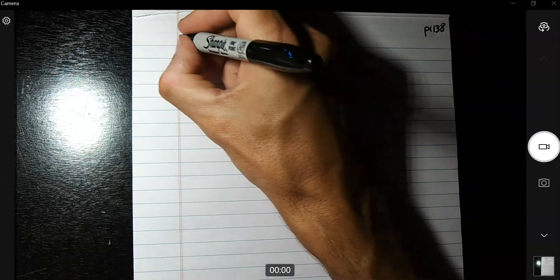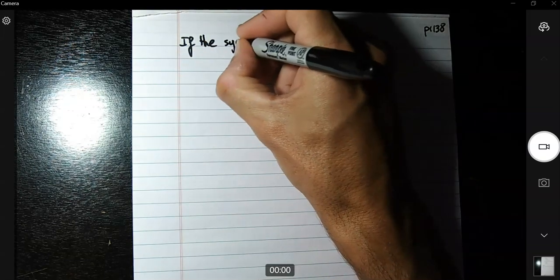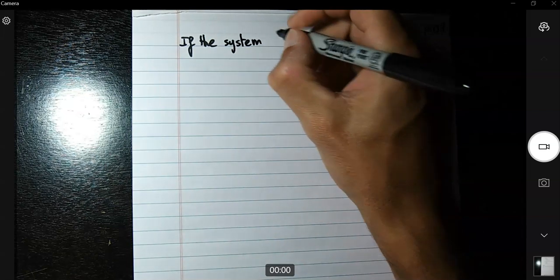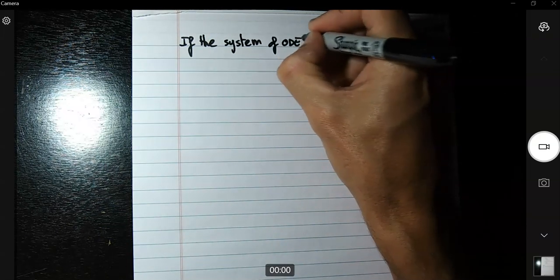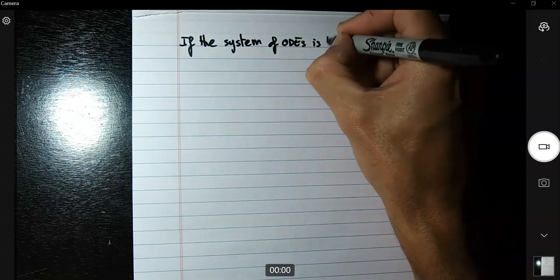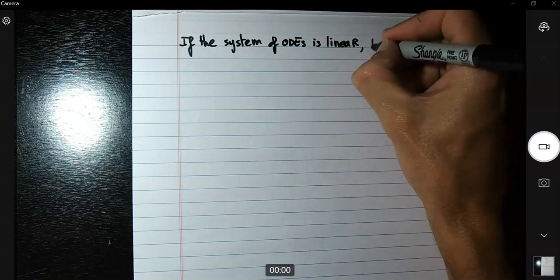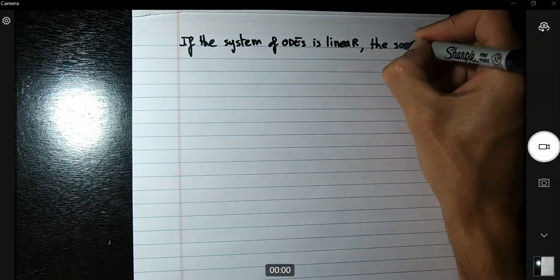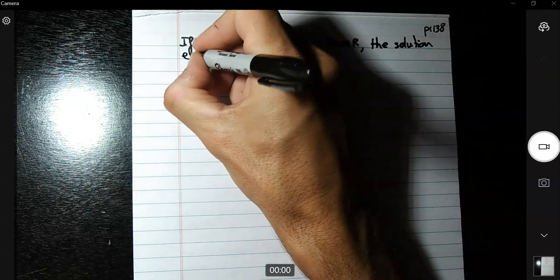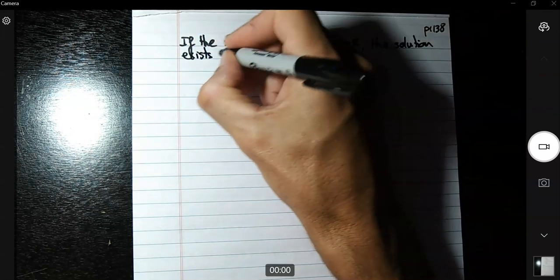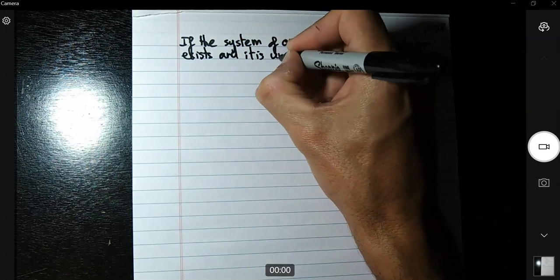If the system of ODEs is linear, the solution exists and it is unique.